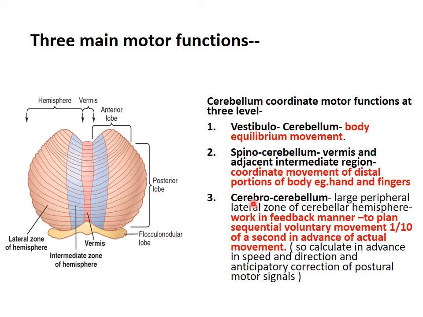It means the command starts from the cerebrum, but it is regulated in timing by the cerebellum, and the cerebellum gives feedback and inhibits the cerebrum in advance, one-tenth of a second in advance of the actual movement. So it calculates in advance the speed and the direction and makes anticipatory correction of the postural motor.